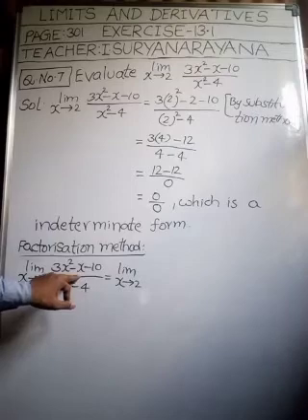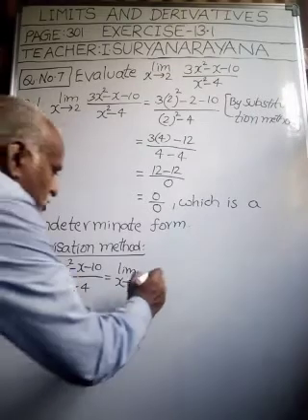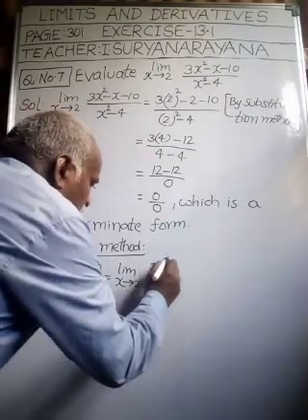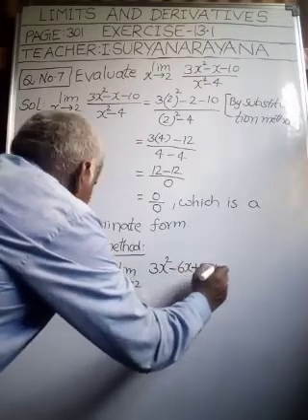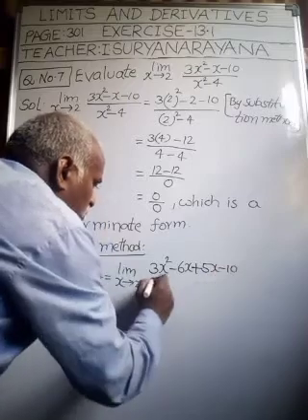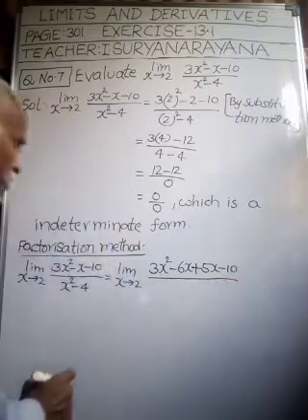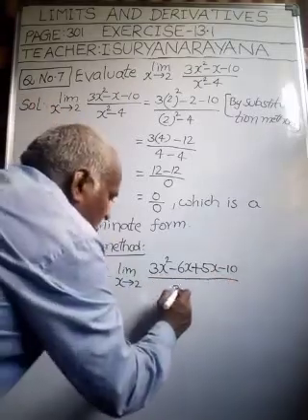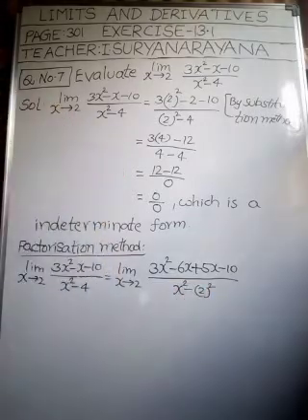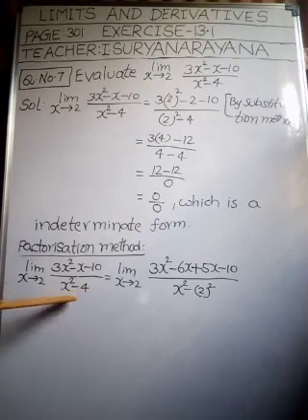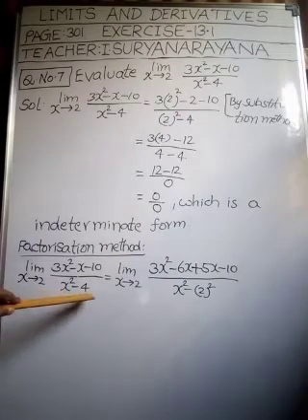So the middle is minus 1. Let us write 3x square minus 6x plus 5x minus 10 whole divided by, this can be written as x square minus 2 square.